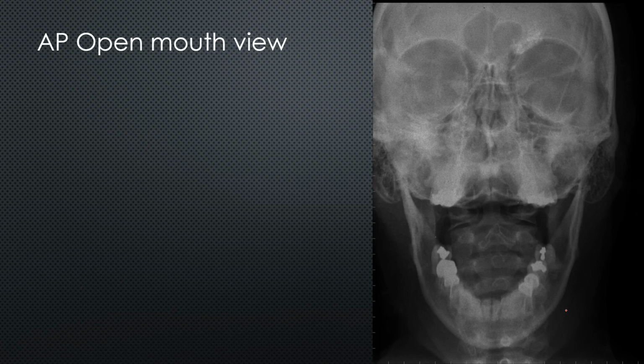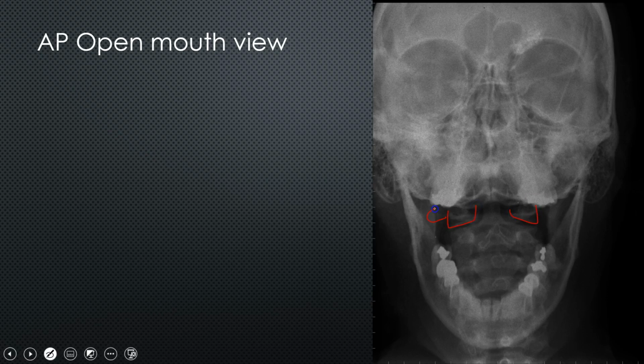So here we have an example of an A to P open mouth view. So again, we had that example of the A to P open mouth view where the patient was poorly positioned. But here we can see, if we go back to our evaluation criteria, we do see lateral masses.